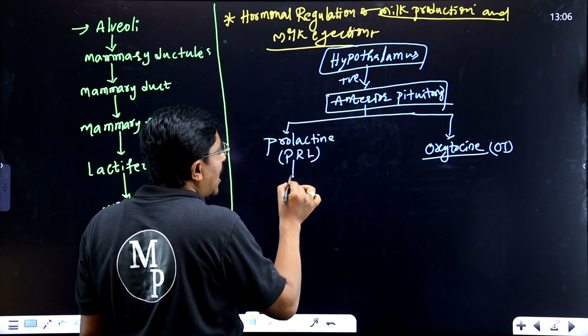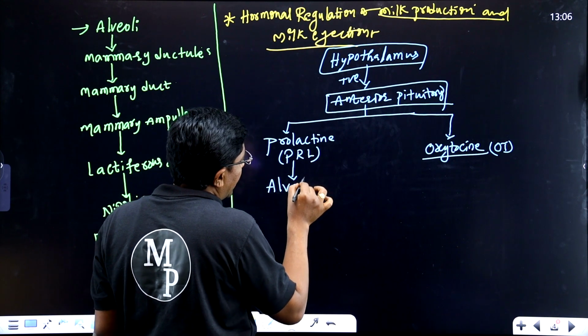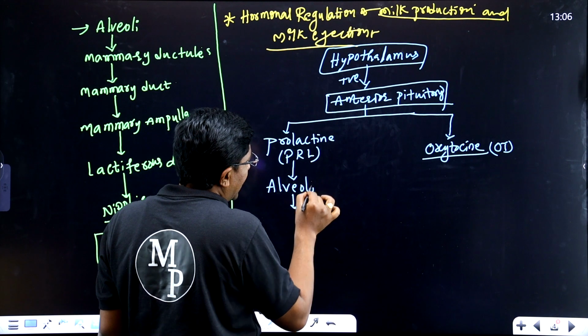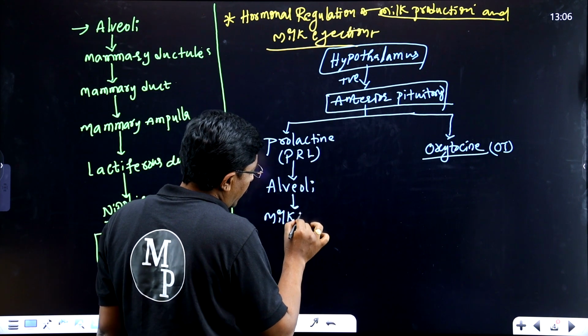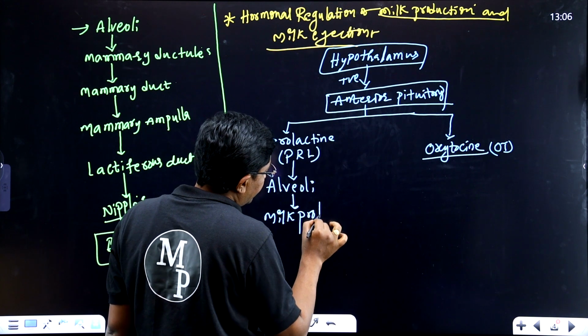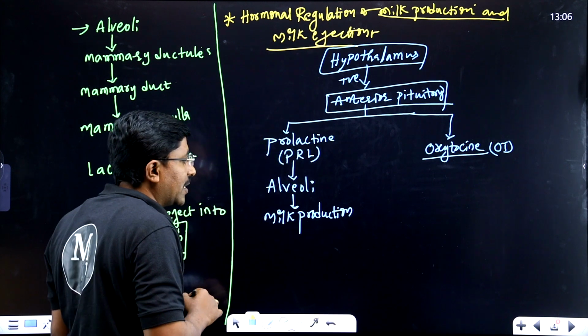The prolactin hormone acts on the alveoli. The alveoli are involved in the production of milk, so milk production takes place here.